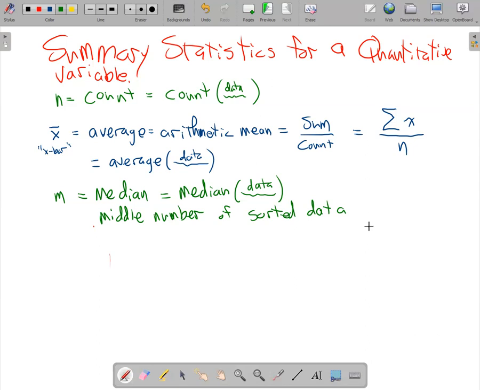So as far as deciding what the median should be, you have to find the position of the median in the list. Position. And the position of the median is going to come from taking the sample size, that would be N, and dividing by 2.